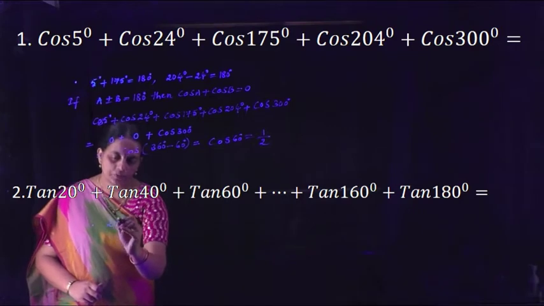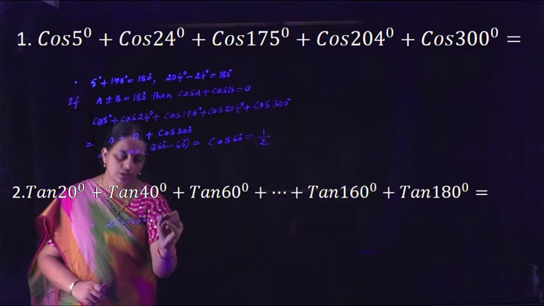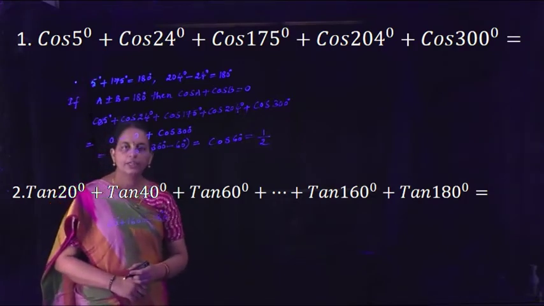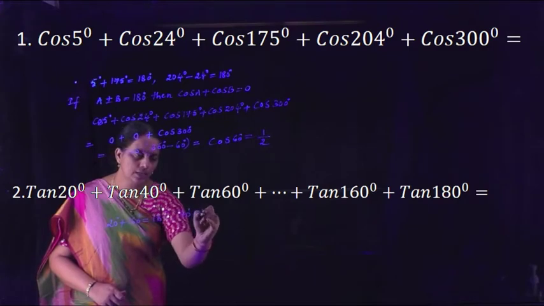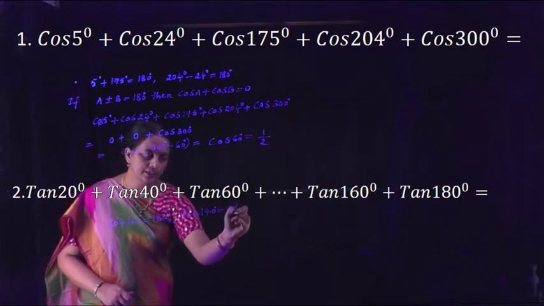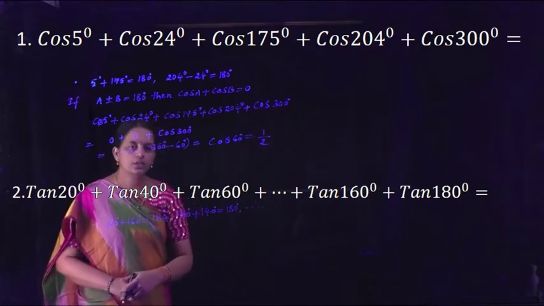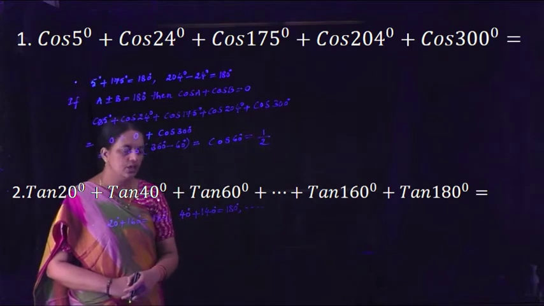That means 20 degrees plus 160 degrees is equal to 180 degrees, and 40 plus 140 equal to 180 degrees, and 60 plus 120 is equal to 180 degrees and so on.